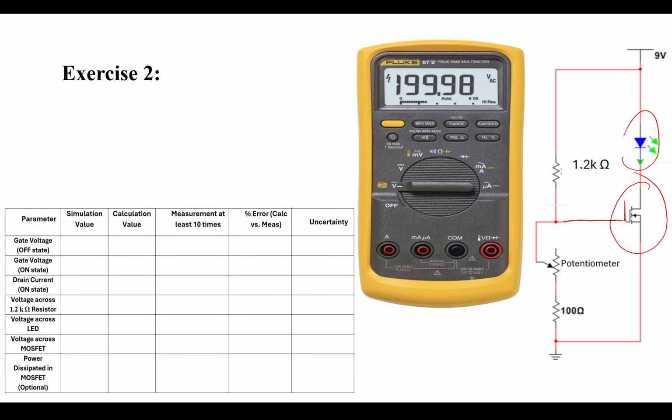So you have a constant resistor and a potentiometer in series, okay, which create a voltage division, and you connect the middle point between these two to the gate.